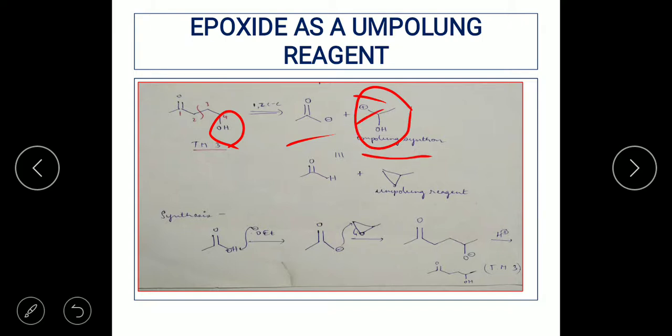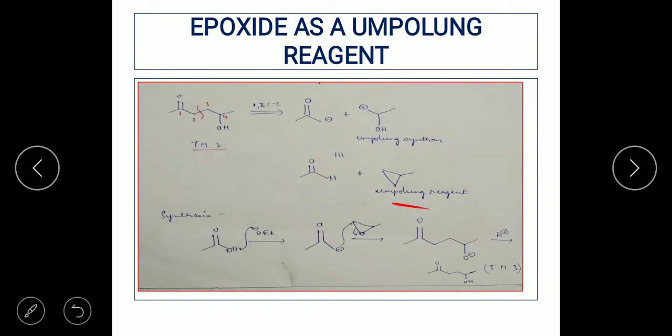Only when carbon 2 gets the positive charge, going against the natural polarity, do we write it as umpolung. And only when this carbon 2 gets the positive charge can we write an epoxide as the synthetic equivalent. From the umpolung synthon, we get the umpolung reagent.